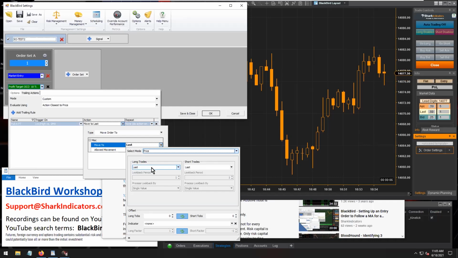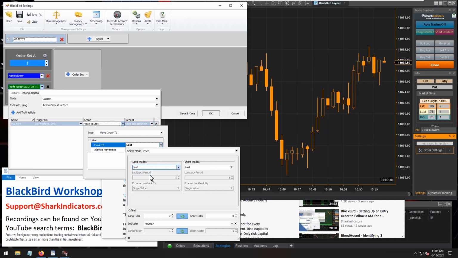Something simple would be to take the entry price and define a new offset. We could cut that profit target in half, changing it from 100 ticks to 50 ticks.